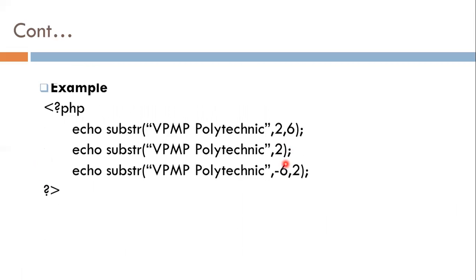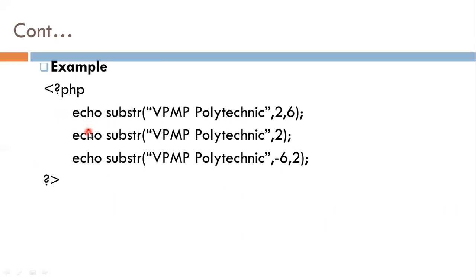For example, suppose I write one echo statement using substring, where my string is VPMP Polytechnic, the starting point is 2 and the length is 6. V is at index 0, P is 1, M is 2, and so on.